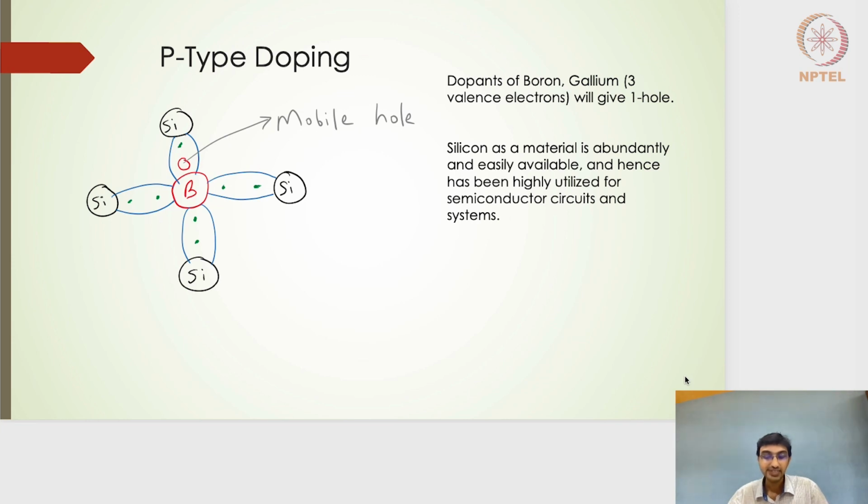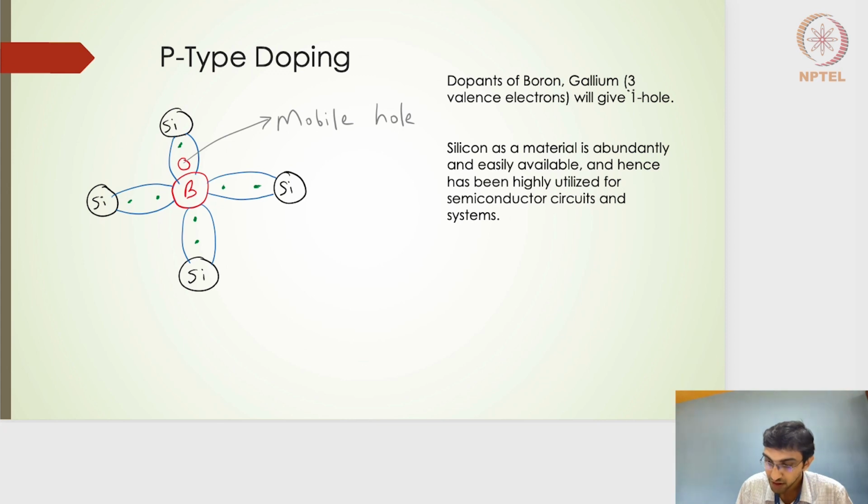So in the last slide, we had seen the N-type dopant, where phosphorus or arsenic was doped inside the silicon crystal lattice structure. Here is an example of boron, a dopant having 3 valence electrons, which will give us a hole.